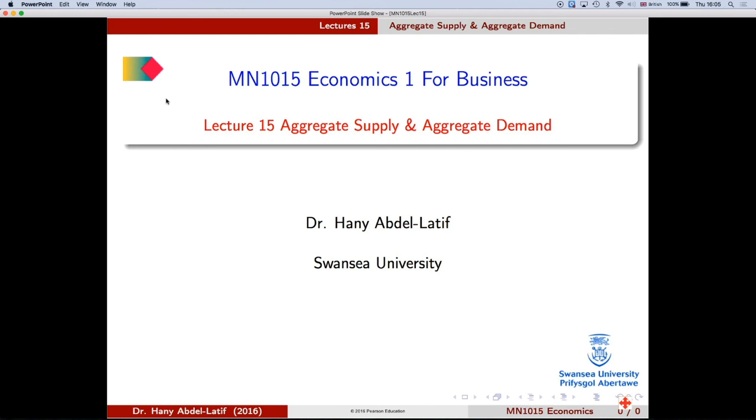But today, because we talk about the aggregate economy, the quantity is just real GDP, so that's all what we produce. The price is not going to be a price for a particular product. It's going to be the general level of prices in this country or in this economy. So it's going to be the price level.